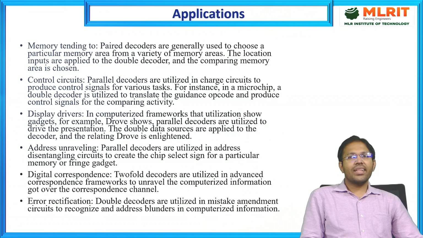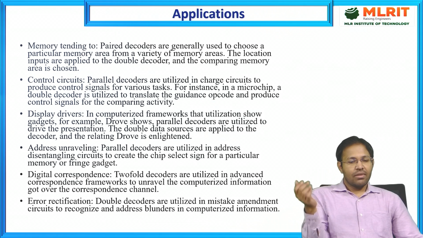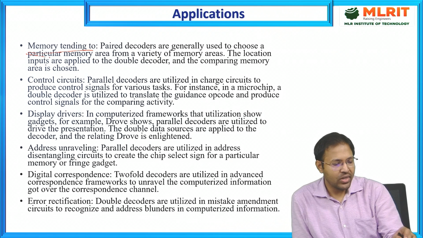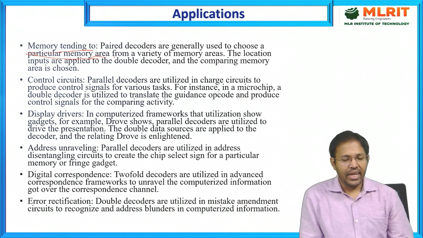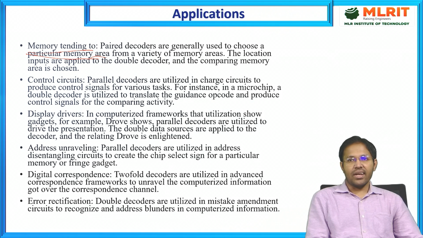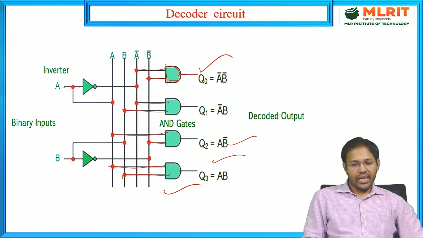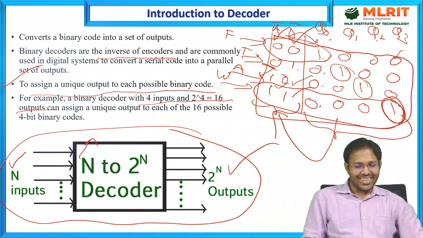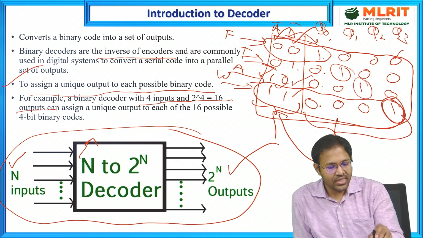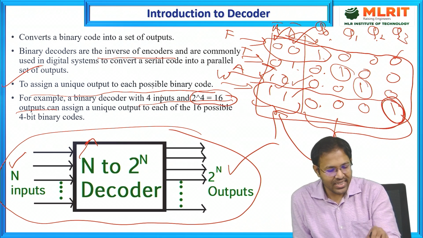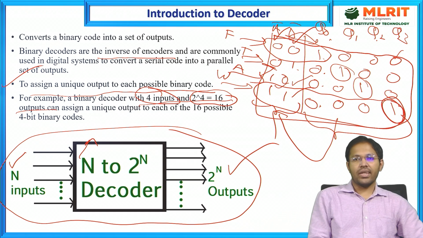Now let us look at the applications. Memory: decoders are generally used to choose a particular memory area from a variety of memory areas. Inside a memory chip, we don't want too many lines going in. What a decoder does is, in place of taking 16 input lines, it is enough to take only 4 input lines.